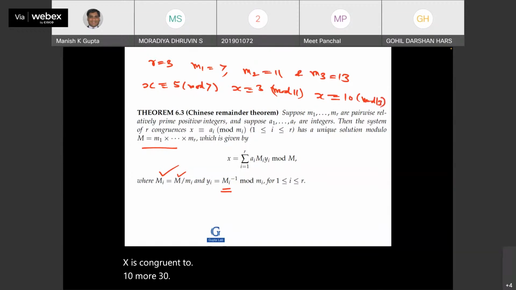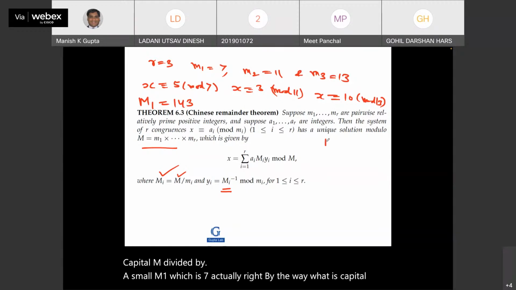So then I can compute these values, right? What is capital M1 from here? Capital M1 will be 143, capital M divided by small m1, which is 7, actually. By the way, what is capital M?